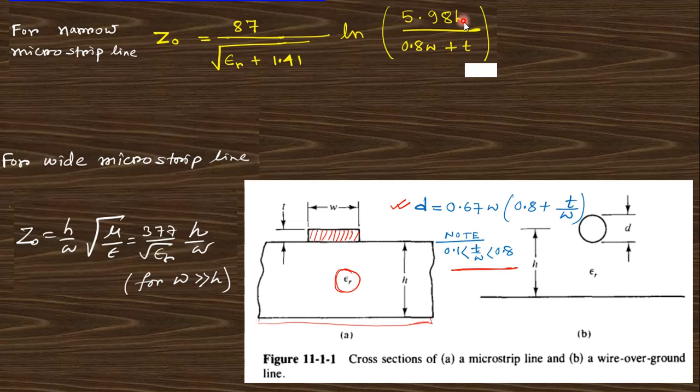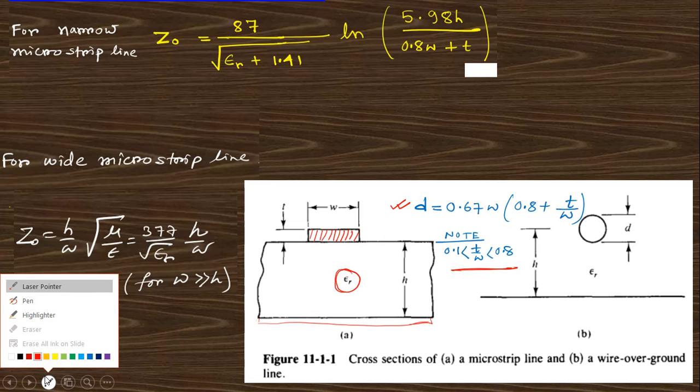Here h is the height, W is the width of the microstrip, and T is the thickness of the microstrip. So we already discussed the characteristic impedance of this microstrip.